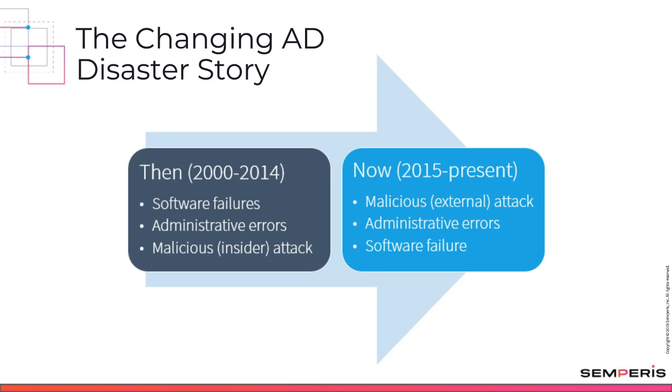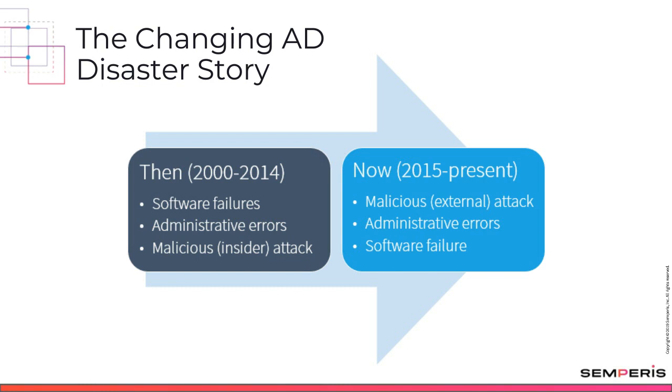And if you look at the threat landscape today, it's entirely different. By far the biggest concern is a malicious attack on the network by an outsider, particularly using either ransomware or some other form of malware to attack the network. And followed again by administrative errors, somebody fat fingering an OU or something like that.